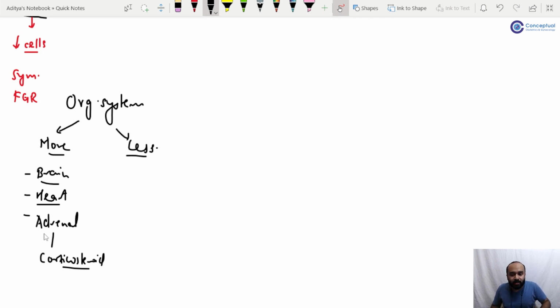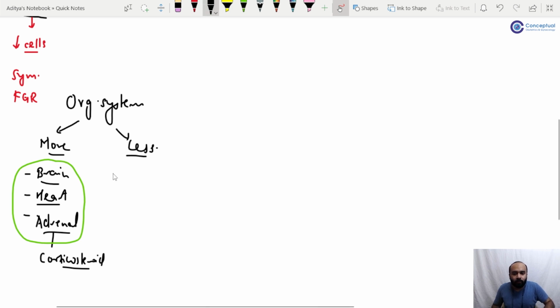So the body knows that these are my three very important organs, and whatever blood supply or nutrition I'm getting, I have to ensure that these organs are supported first. Whereas if any organ is to be sacrificed, it would be the kidneys.